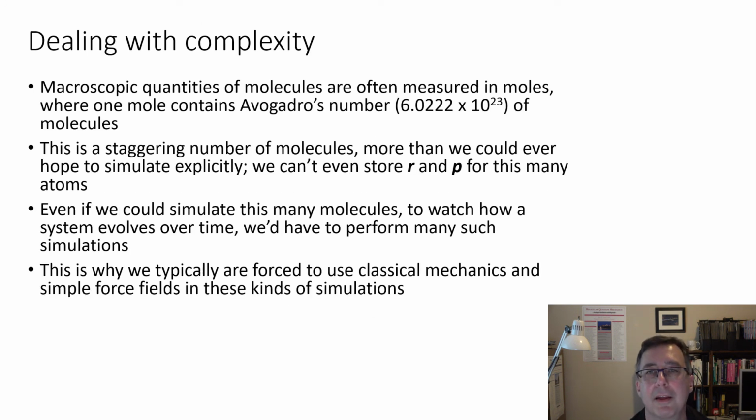Now, in reality, this is all very hard. Okay, so I showed a couple equations and maybe it sounded okay, I hope. But there are some issues. One of them is that, if I've got a beaker of some particular solvent, then I might have a mole or 10 moles of solvent in the beaker, and a mole is a very large number of particles, okay? 6.022 times 10 to the 23rd particles.